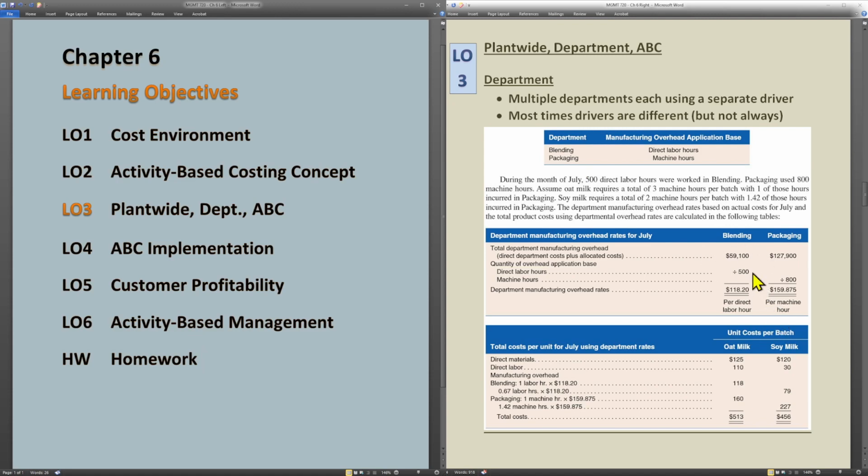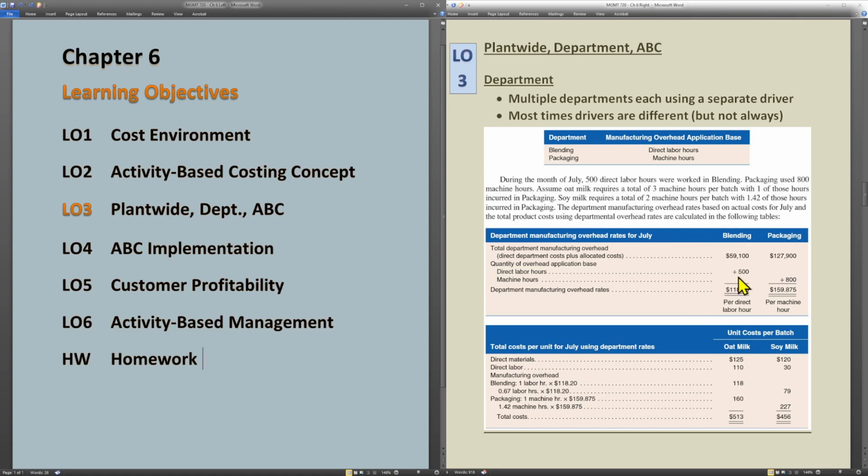An important point to remember is that no matter which of these methods we use, we're still going to be using the same overall total overhead. We're just going to be breaking it up into different buckets, and each bucket may have its own cost driver or its own rate. And so we just have to be mindful.